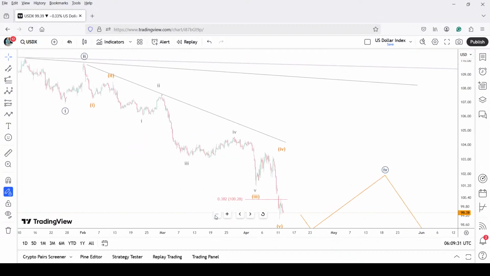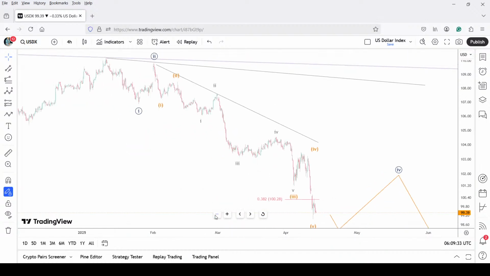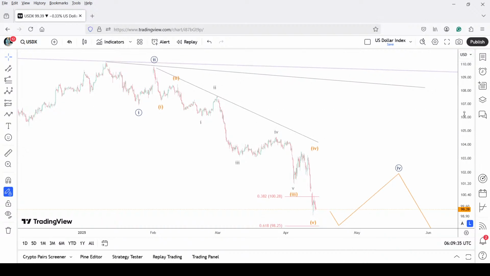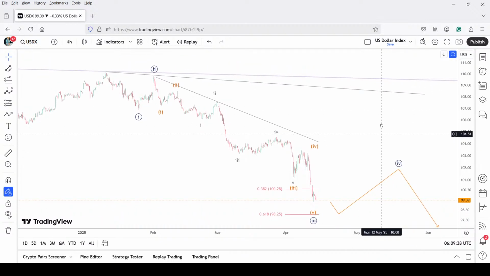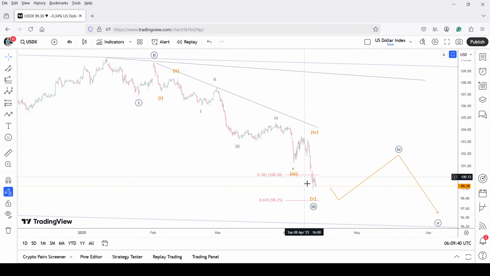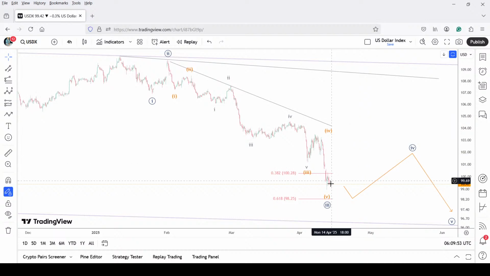As we just discussed in the previous chart for euro, which actually hit the Fibonacci 0.618 target for the minute wave 3, that is not the case seen for the dollar index. It has refrained from dropping lower and potentially formed a bottom quite ahead of the 0.618 Fibonacci extension at 98.25.